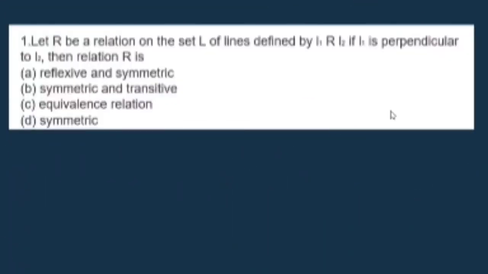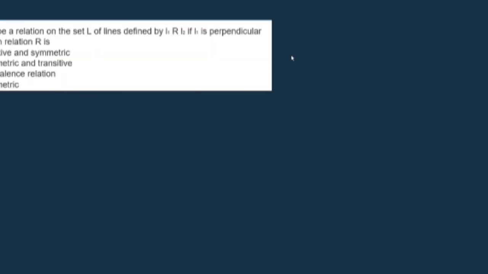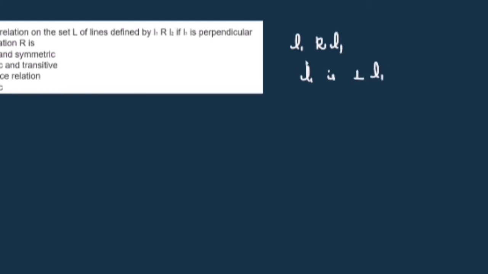Next, the relation on the set L of lines defined by L1 is related to L2 if L1 is perpendicular to L2. Is the relation reflexive? Is L1 related to L1? Can you say L1 is perpendicular to L1? No, L1 is not perpendicular to L1.